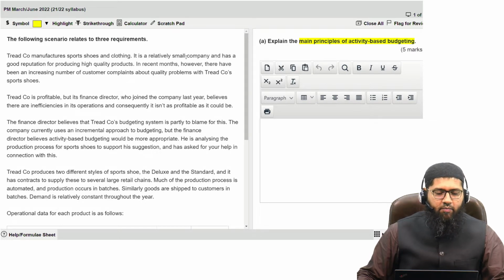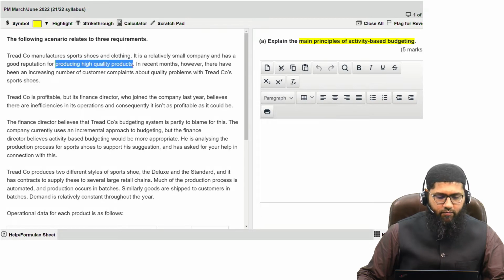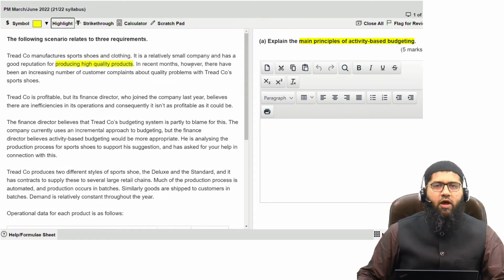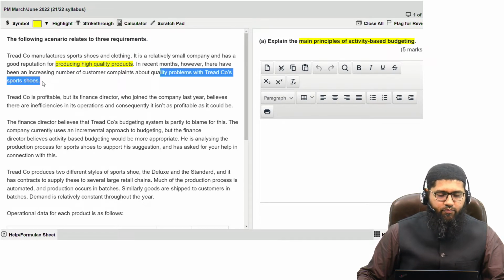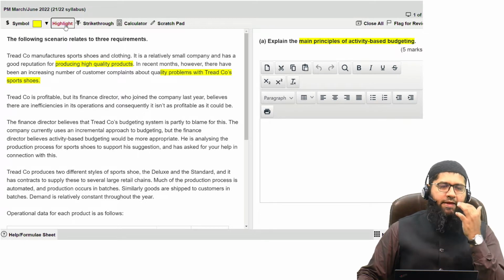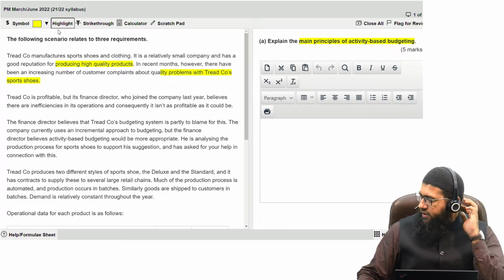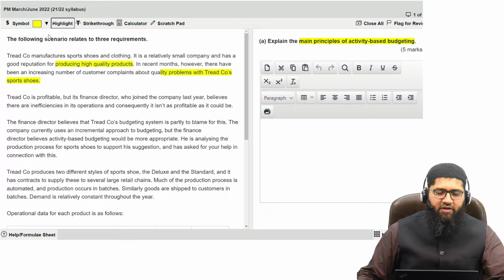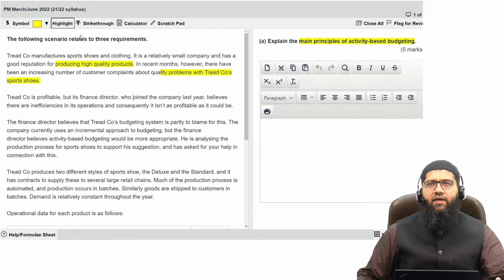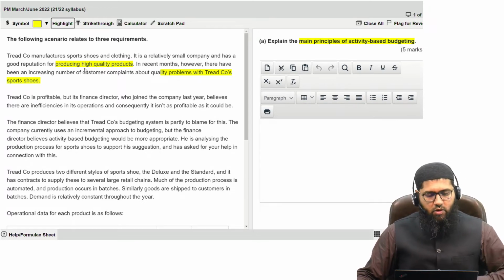It is a relatively small company and has a good reputation for producing high quality products. In recent months, however, there have been an increasing number of customer complaints about quality problems with Trade Company's sports shoes. So what is the key thing? They have been famous for producing high quality products, but in recent times customer complaints have gone up.